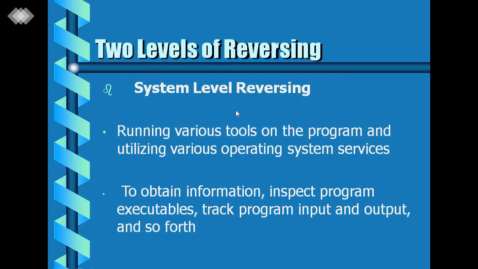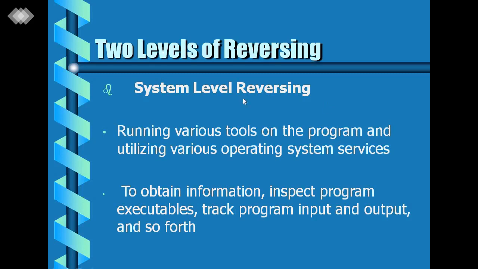So next, two levels of reverse engineering. First is system level reversing, or you can say system level re-engineering. In system level, we run various tools on the program and utilize various operating system services to maintain information, inspect program executables, track program inputs and outputs, and so on.